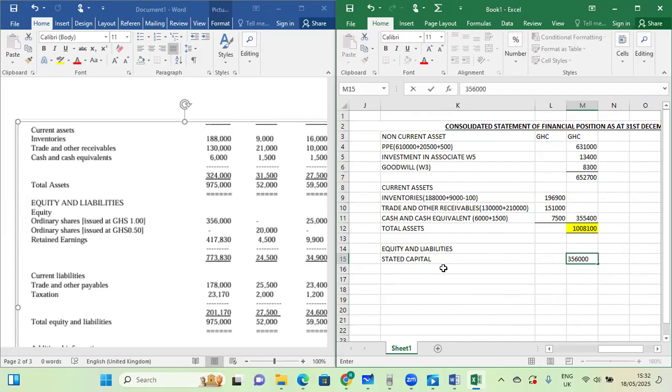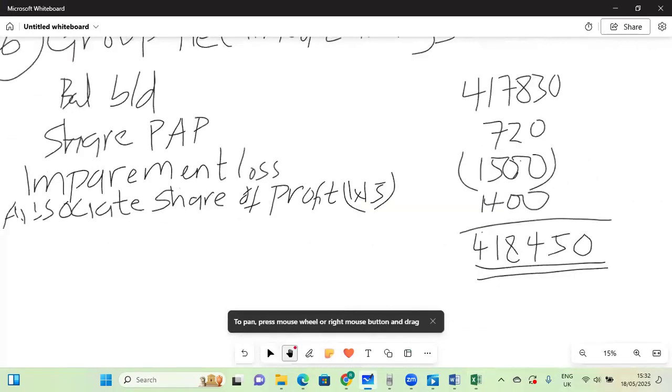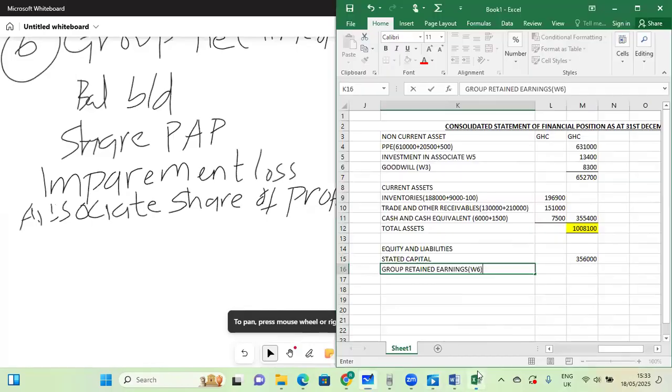6,000. Then we bring in what? Our group retained earnings. And that is workings 6. And what did we get there? In our workings 6, we had our group retained earnings to be 418,450. Now add them.